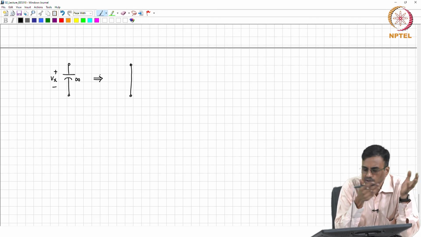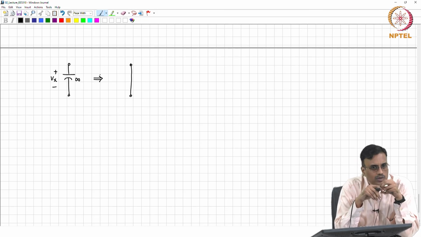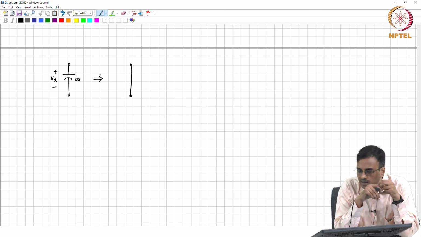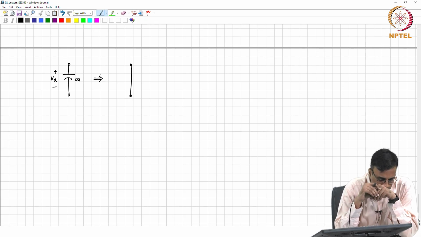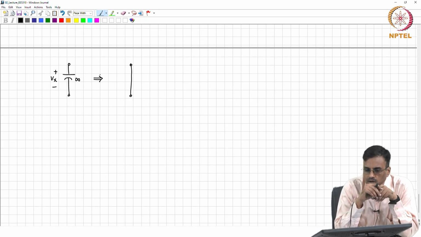Okay. And then we saw some commonly used elements that we will come across in our examples, and found their small signal equivalents.